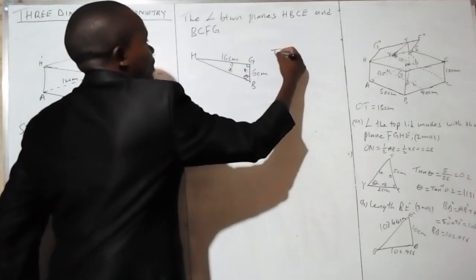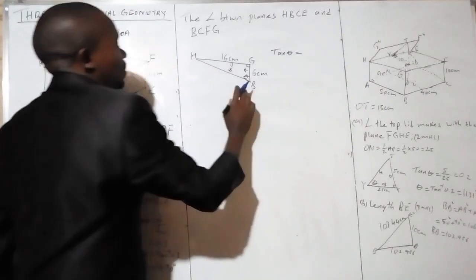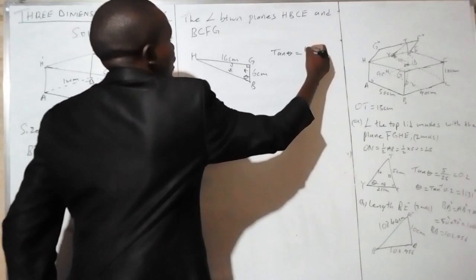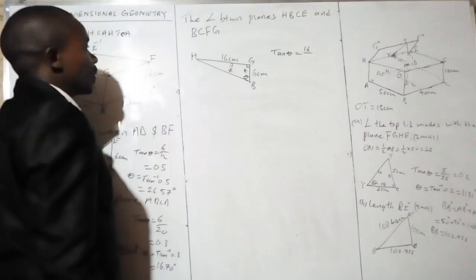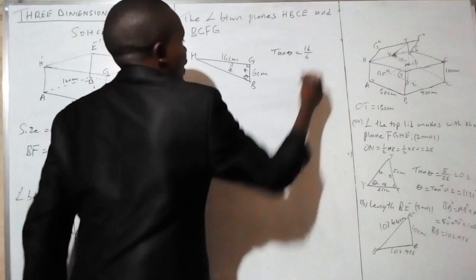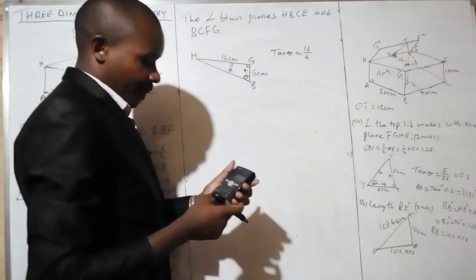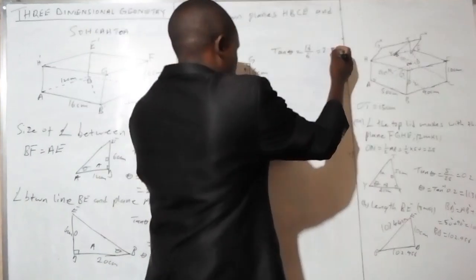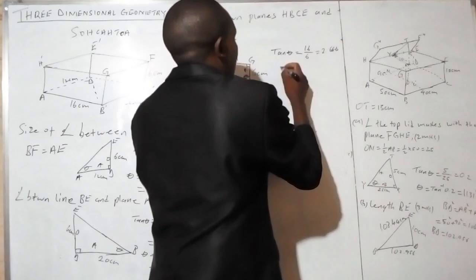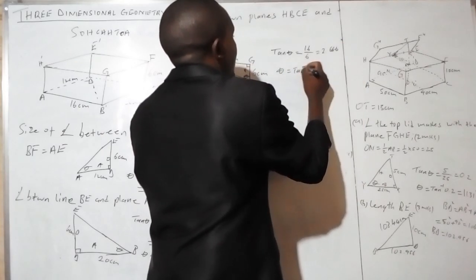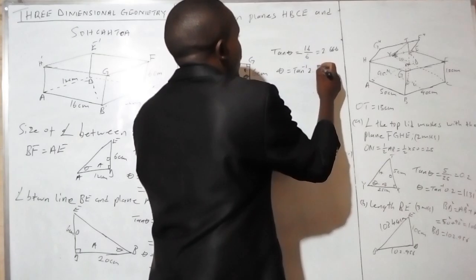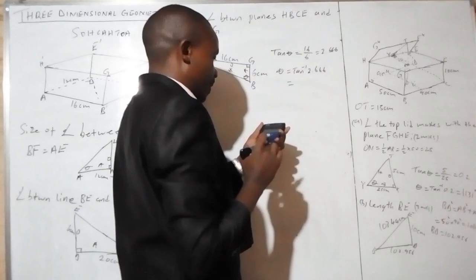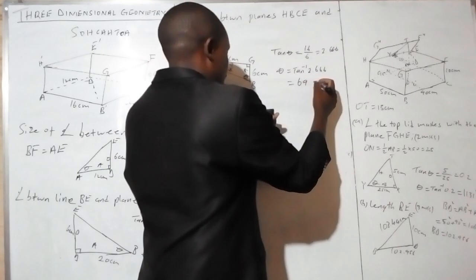Tan theta is equals to opposite over adjacent, 16 divided by 6 is equals to 2.666. Theta is equals to antitan 2.666. Antitan answer is supposed to be 69.44 degrees.